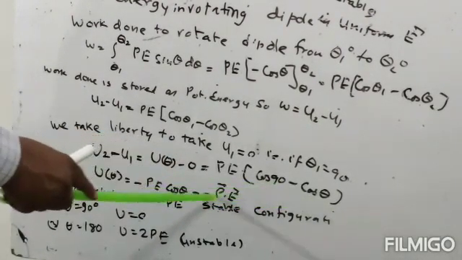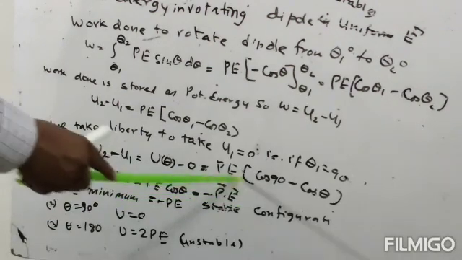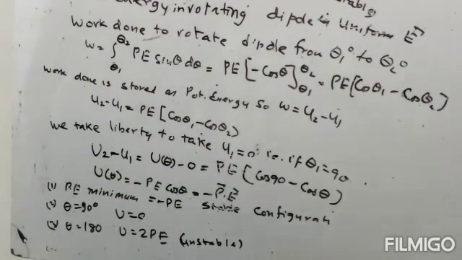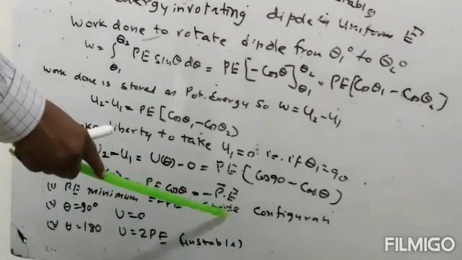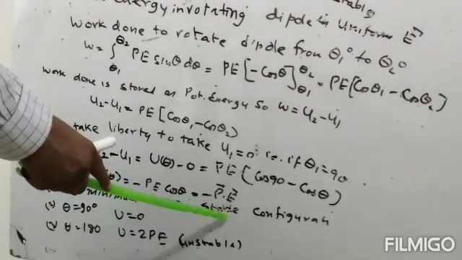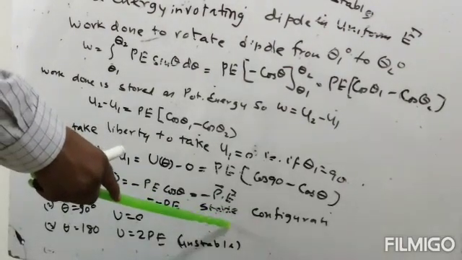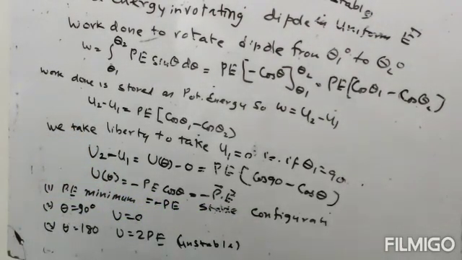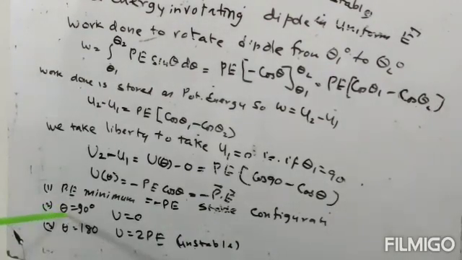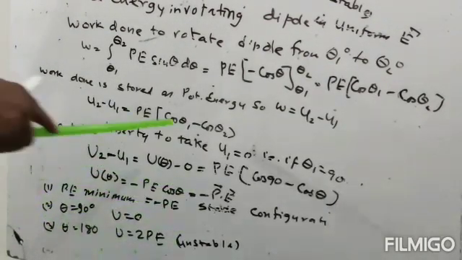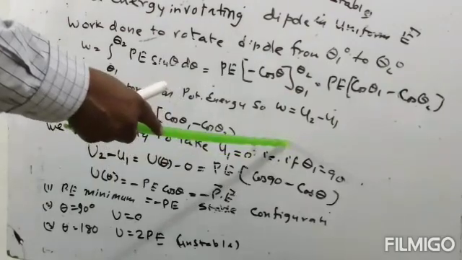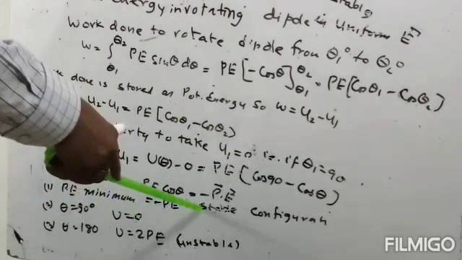So it will be equal to minus P into E. So this will be the potential energy when it is in the equilibrium condition. Now when theta is equal to 90, then potential energy will be equal to 0 because P cos 90 is 0. So potential energy is equal to 0.